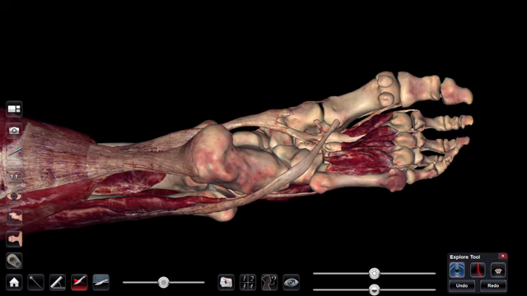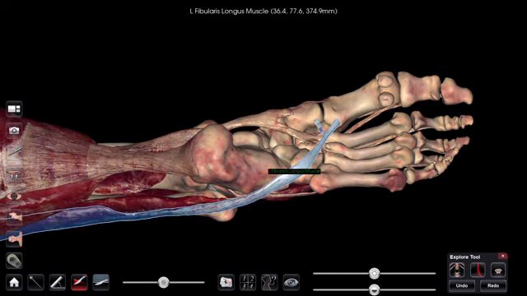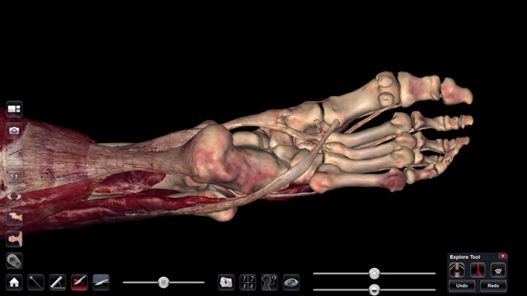If we remove those, we can see the 2 tendons that are an important supportive part of the sole of the foot's deepest layer, and that is fibularis longus, which crosses all the way from lateral to medial, as well as the tibialis posterior tendon. The complexity of the foot is one reason some of us have trouble standing on our feet all day.